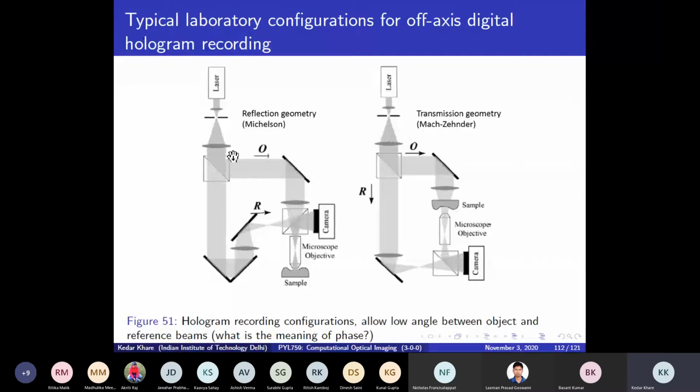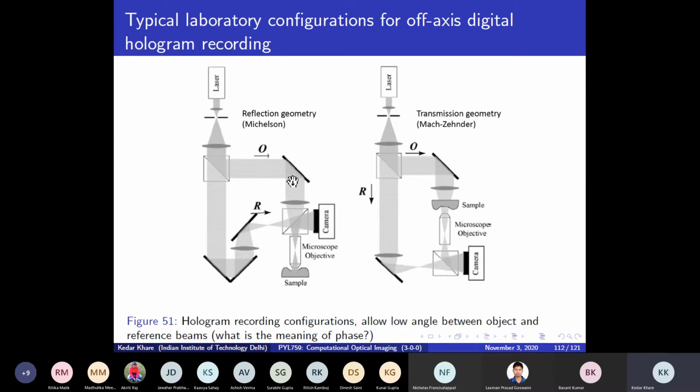Whereas the second beam, the reference beam, goes through this beam splitter, and then it is brought back to the camera from this port of the beam splitter. So this kind of geometry will allow you to do reflective holography.